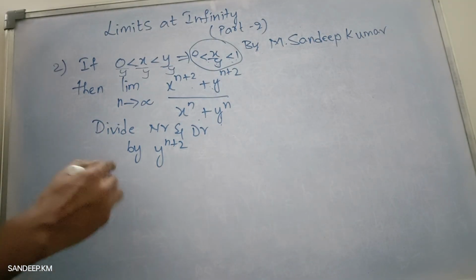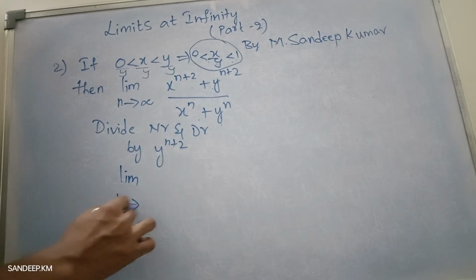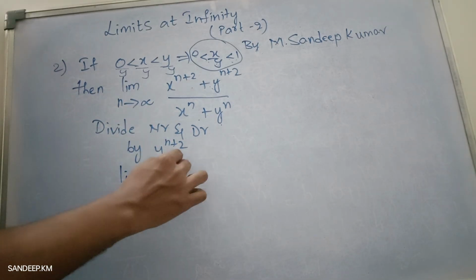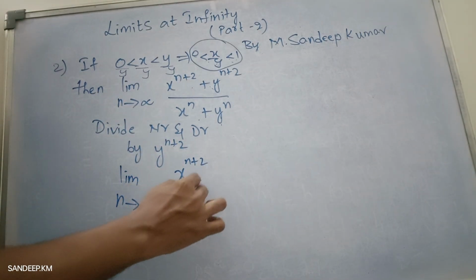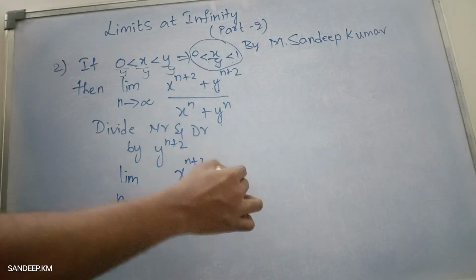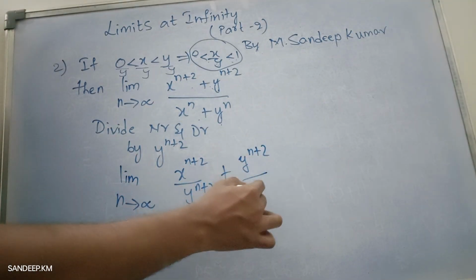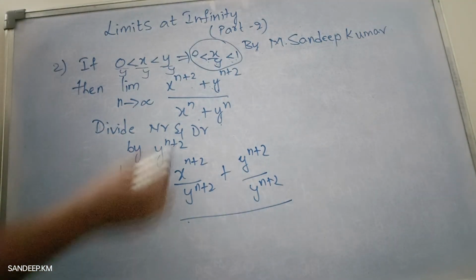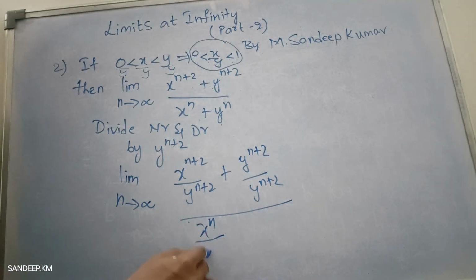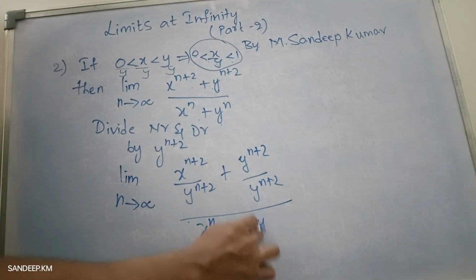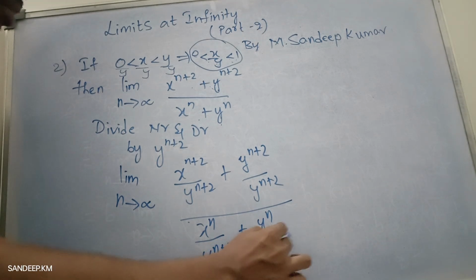What are we going to get then? Limit n approaches infinity of x power n plus 2 divided by y power n plus 2, plus y power n plus 2 divided by the same y power n plus 2, whole divided by x power n divided by y power n plus 2, plus y power n divided by y power n plus 2.